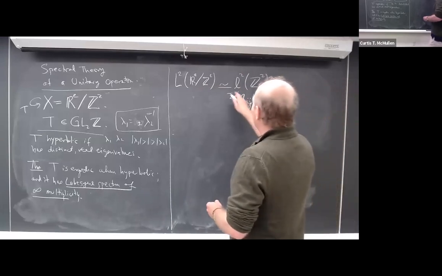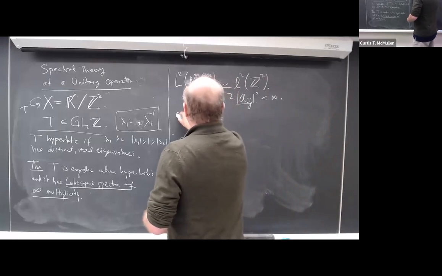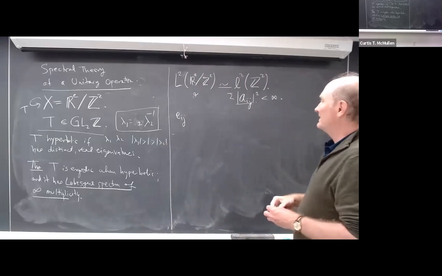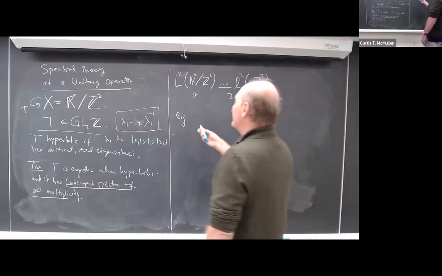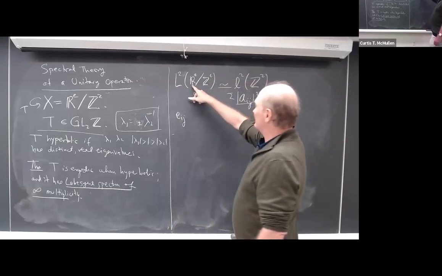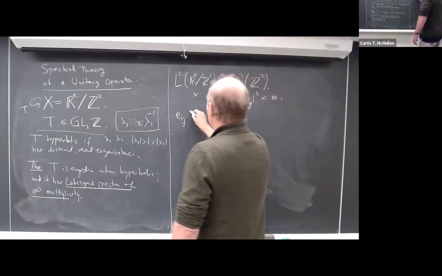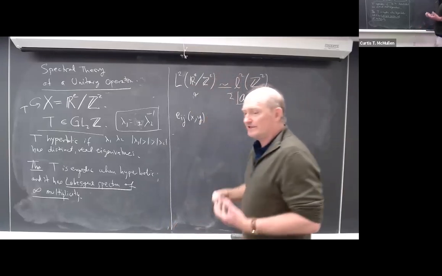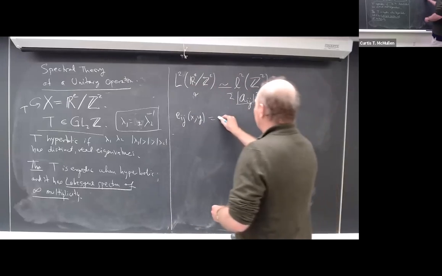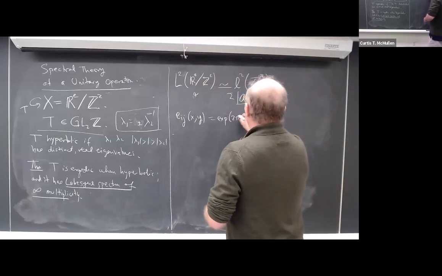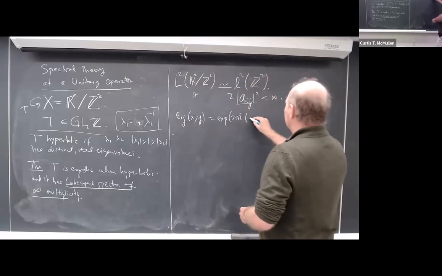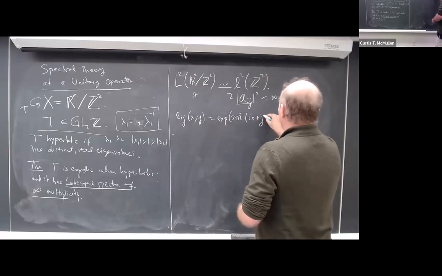And indeed, there's a basis here. Again, it's just a Fourier basis for the torus, which can be written in many different ways. Let me think of this now as literally points in R^2 modulo Z^2. So I have to tell you on a point in R^2 what one of these Fourier basis elements is. And it's simply e^{2πi} times the inner product between (x,y) and (i,j), so ix plus jy.